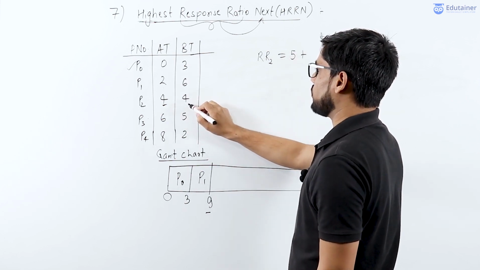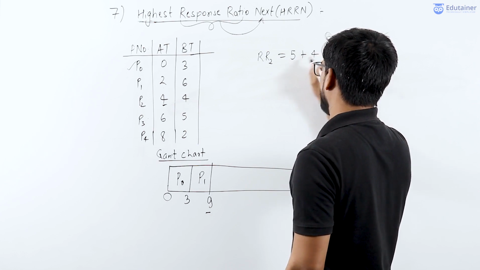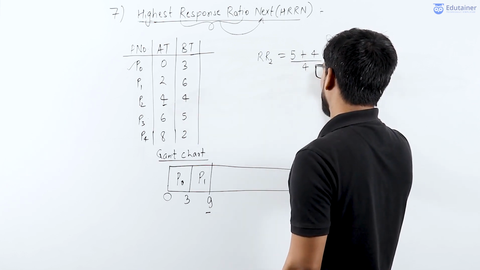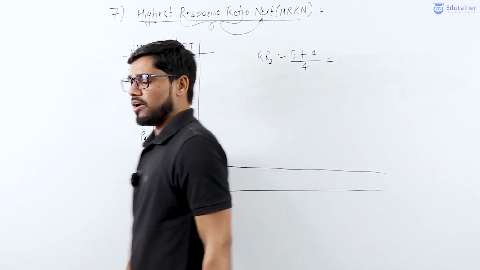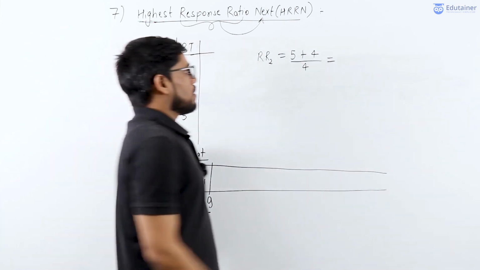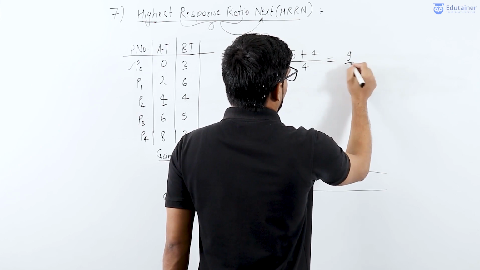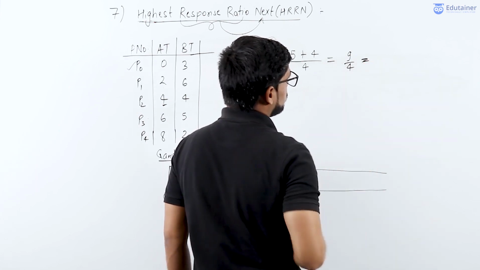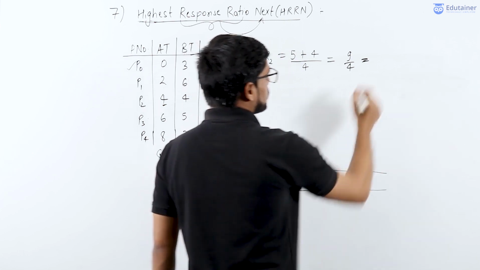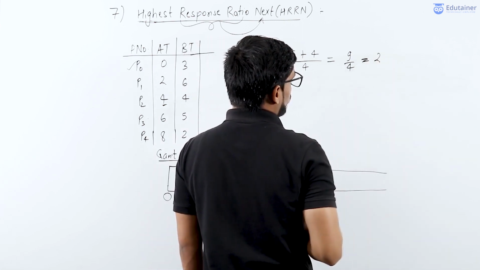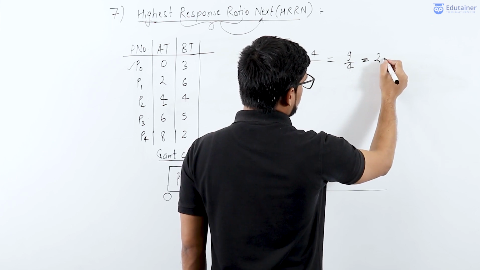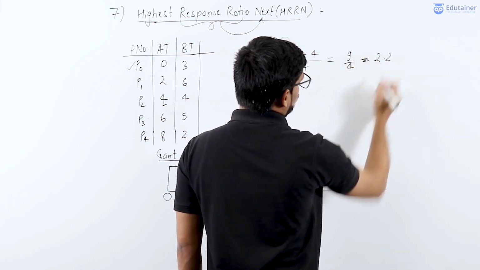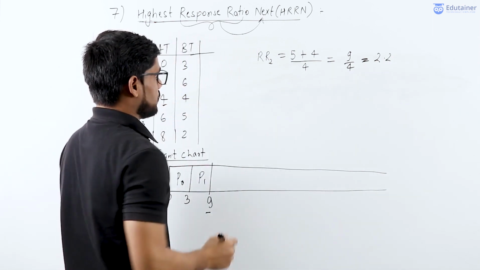The service time of P2, its burst time, is 4, divided by the service time. So it is (5 plus 4) divided by 4, which is 9 by 4, so 2.25.